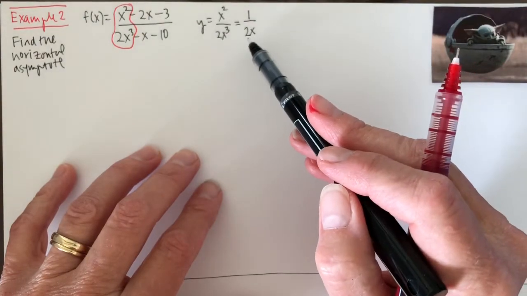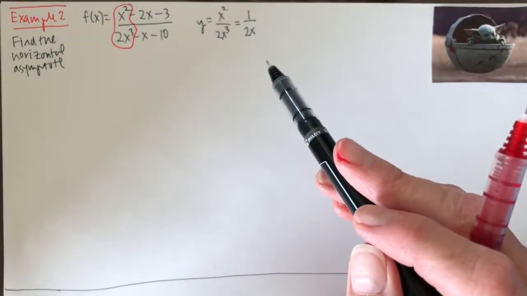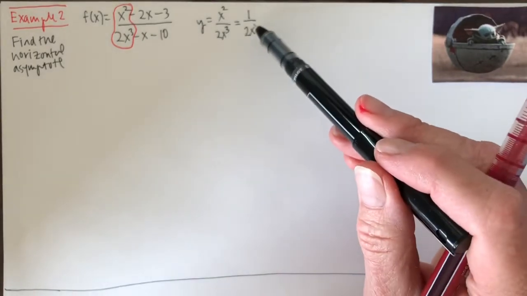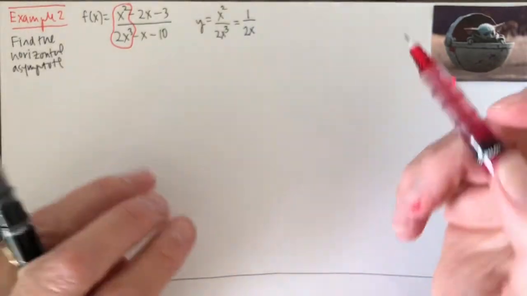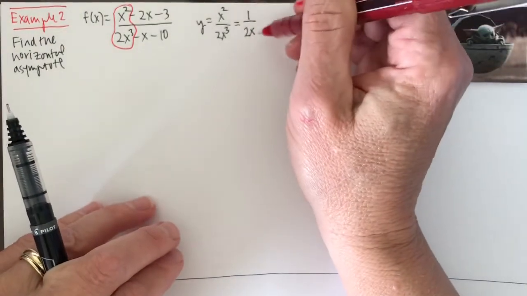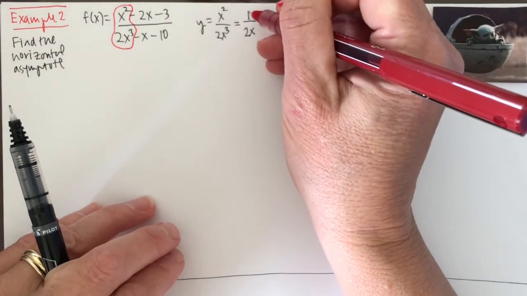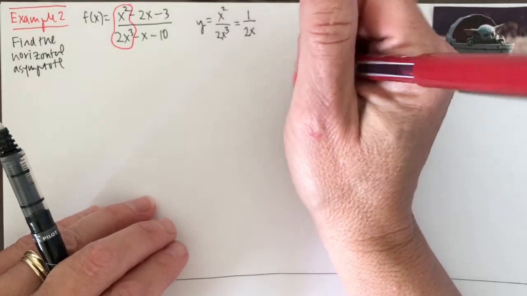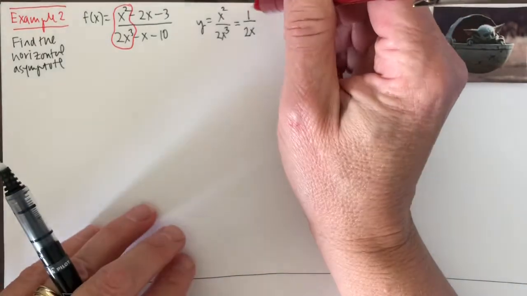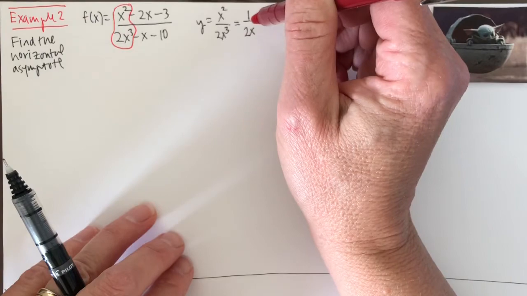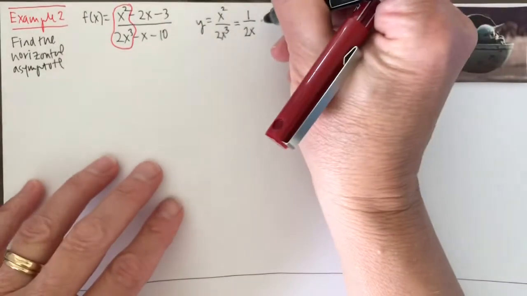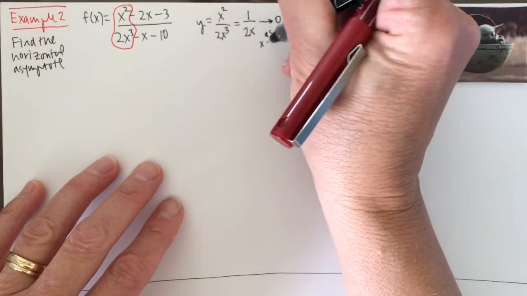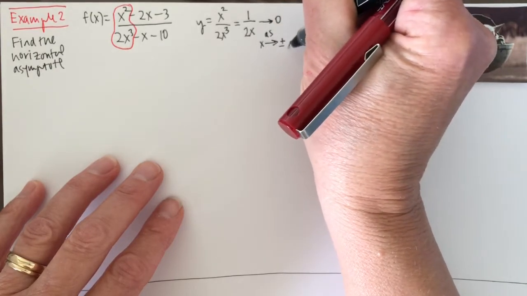Remember that we're interested in finding out what's happening as x goes to positive and negative infinity. As x gets really large, anytime you have a really large denominator, then the whole fraction will go to 0. If the numerator is fixed here, and the denominator is getting larger and larger and humongous, then the whole thing is going to go to 0. So this will go to 0 as x goes to plus or minus infinity.